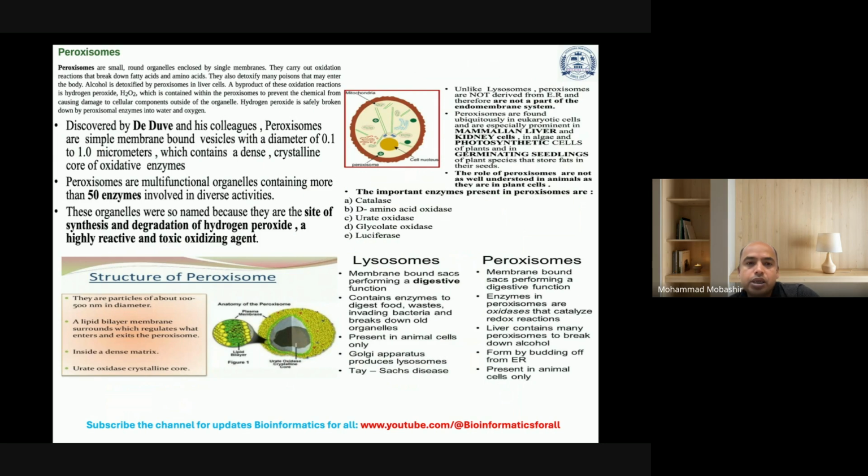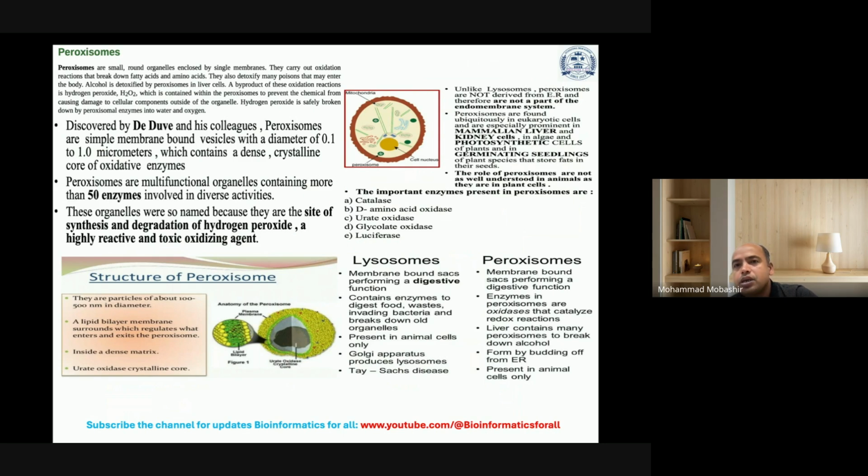So the structure of the peroxisome can be seen here. They are particles of about 100 to 500 nanometers. Different sizes are mentioned, but what you need to understand is the function of the peroxisome. A lipid bilayer membrane surrounds it and regulates what enters and exits the peroxisome, inside which is a dense matrix with a urate oxidase crystalline core.